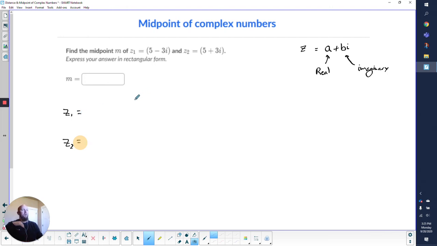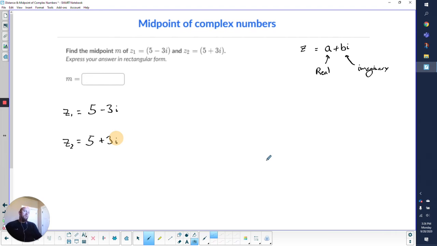So if we're going to talk about complex number z, the first complex number I'm going after is 5 minus 3i, and the other complex number is 5 plus 3i. Interesting. You could probably tell I grabbed this right out of the work.